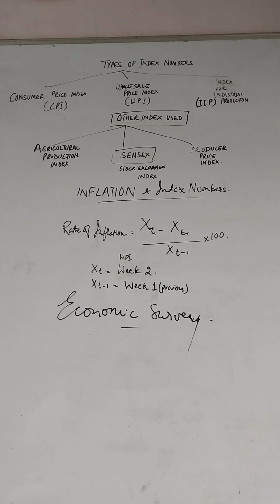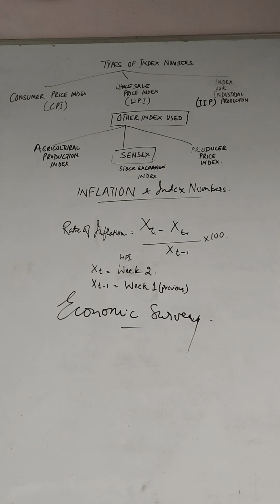And then again, one big limitation: it's not really possible to construct a perfect index number, because there are several methods to construct index numbers, and each of these methods gives different results. So there is no one formula of index number that can measure the change in price or quantity with perfection. That has to be kept in mind. And of course, index numbers can be manipulated, and one can construct index numbers in such a manner that the desired results can be obtained.